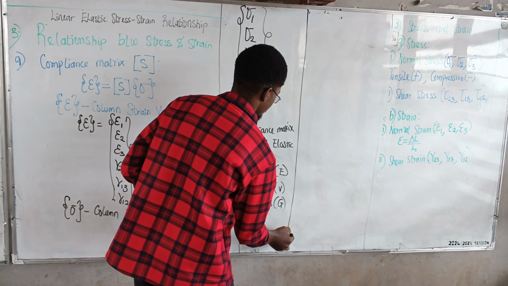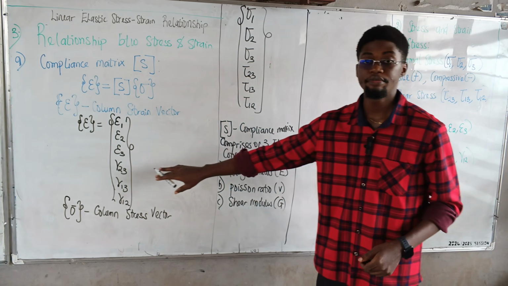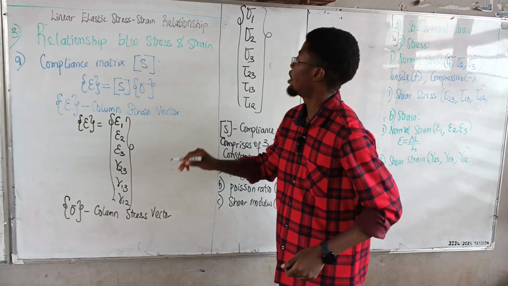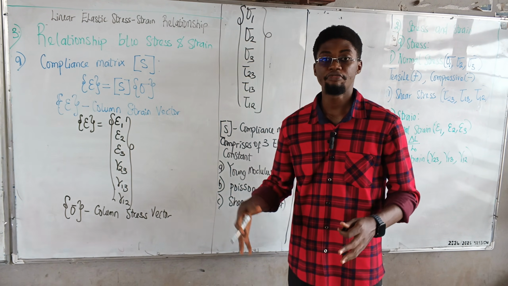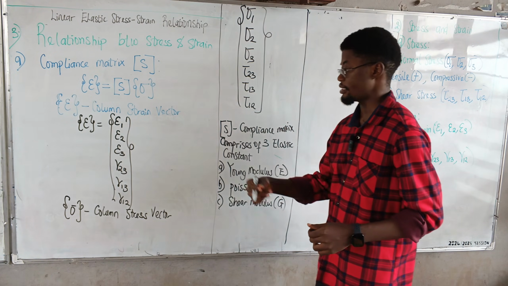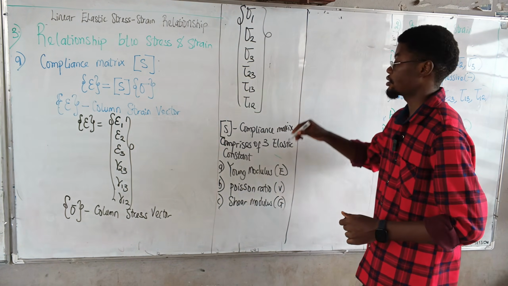Let me show you what it means. The same way we have broken down our strain and stress vectors, we're writing it in full. Let's write what this S is in full. Remember, it's a 6x6 matrix. So it's going to look like this.